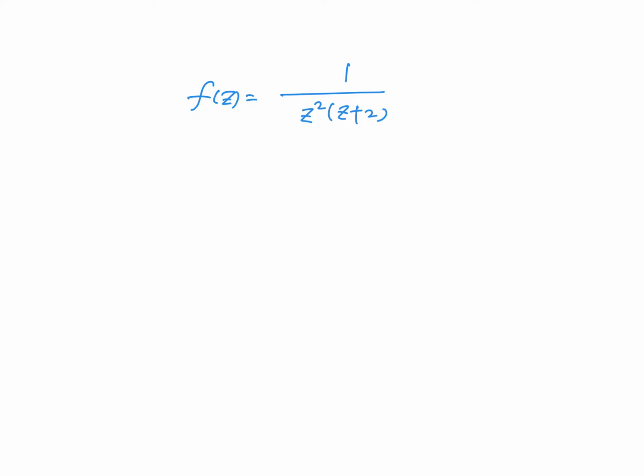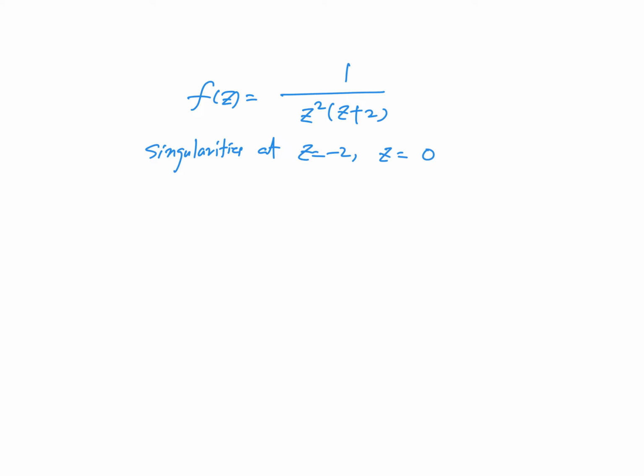So how many singularities do we have in this case? Singularities at z equal to minus 2 and z equal to 0.